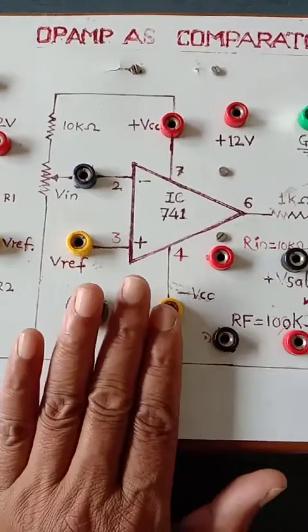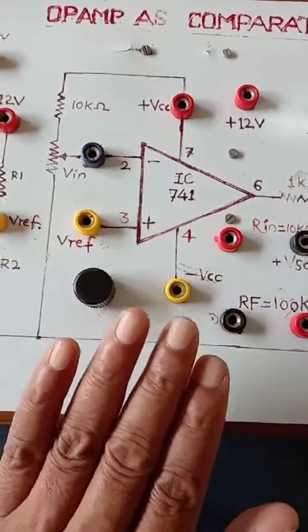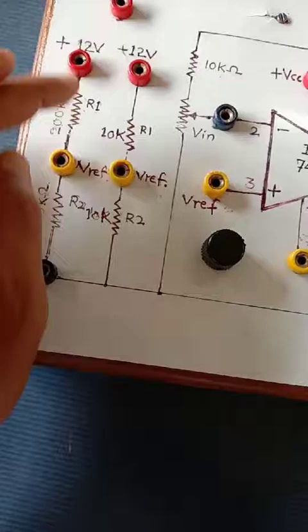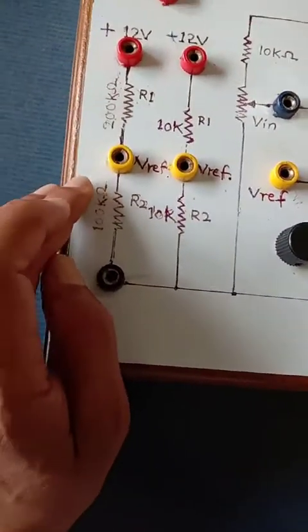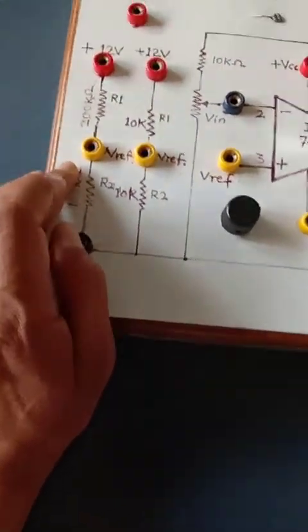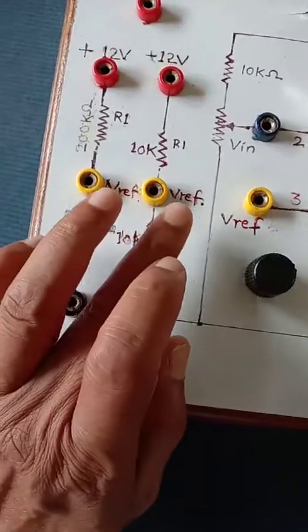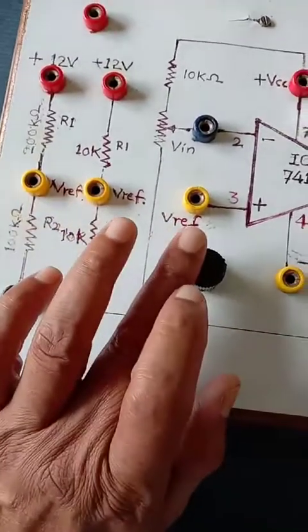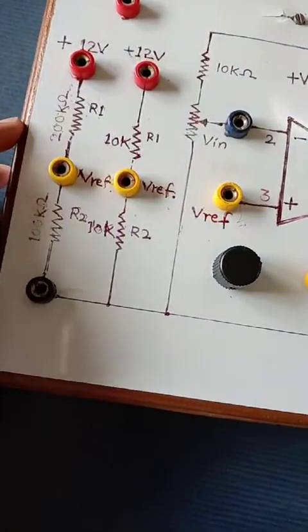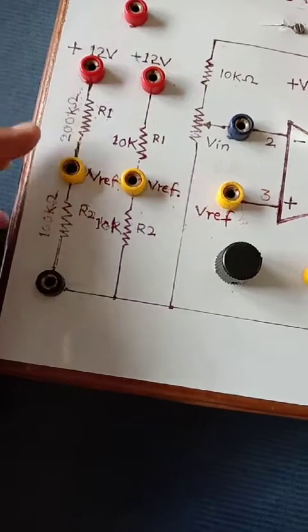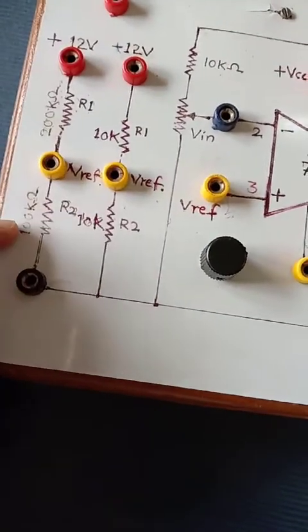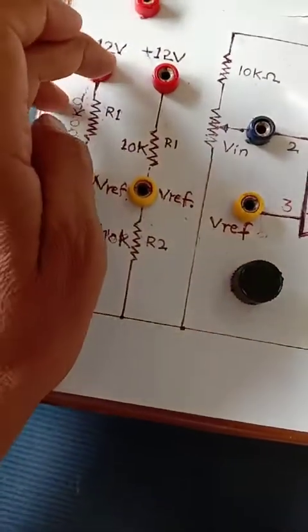Okay, so see here, this is the practical board of op-amp as comparator. Here IC741 is used as a comparator, and here there are two voltage dividers to provide the reference voltages required for this comparator. So here 200k and 100k are connected in series, and plus 12 volt is applied here.